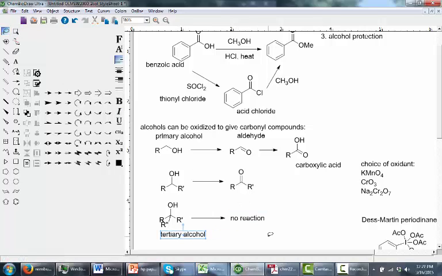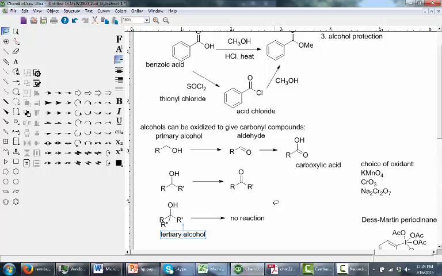And the reason that tertiary alcohols are inert to oxidation attempts is that if I want to form a carbonyl compound from this starting material, that's going to require me to break a carbon-carbon bond to get that carbonyl, and that's a pretty difficult reaction. So under the context of these oxidation conditions, tertiary alcohols do not react. But again, a primary alcohol can give me an aldehyde or a carboxylic acid, and a secondary alcohol in this case can give me a carbonyl compound, a ketone shown here.